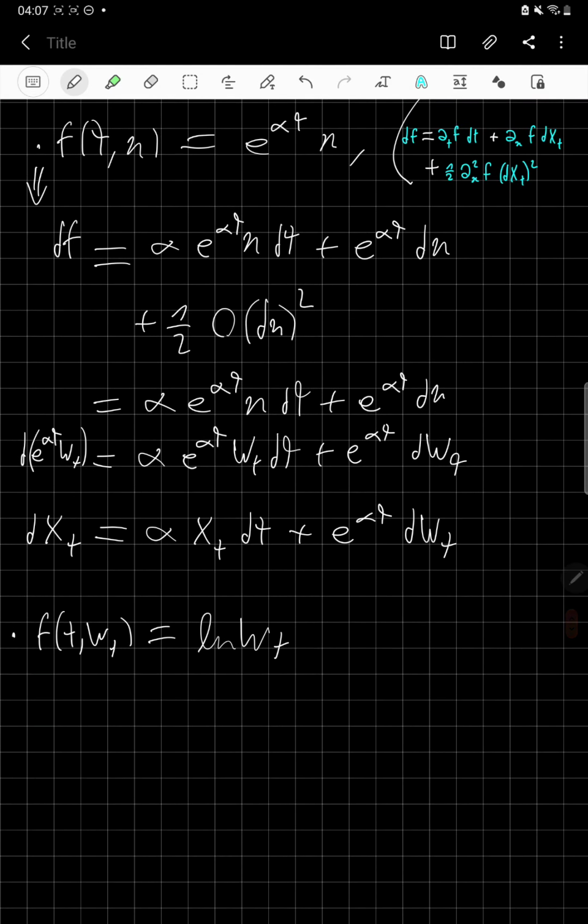We're going to get that dft is going to be equal to 0 plus 1 divided by Wt times dxt, so dWt, plus minus 1 divided by Wt squared.